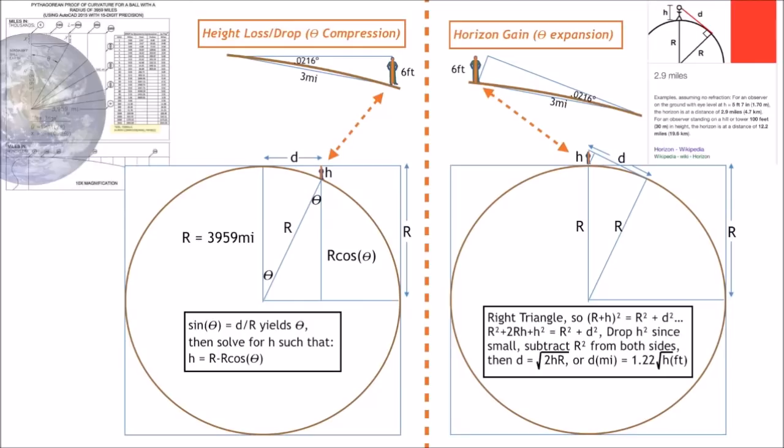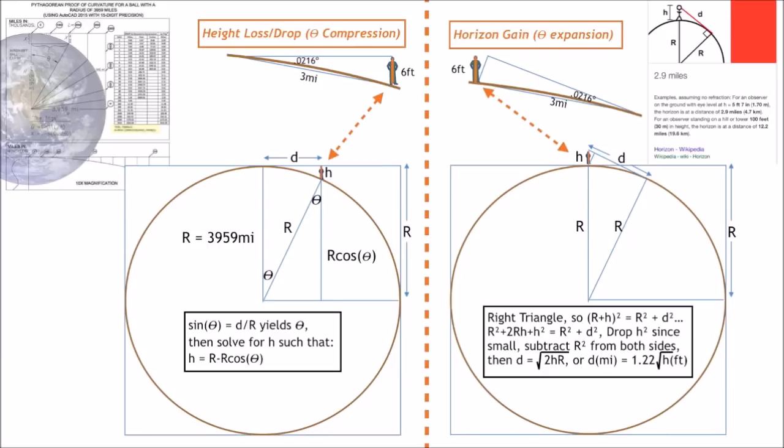So we can then extrapolate these 2 triangles to a greater circle again, and calculate out for a circle what we would have as a height loss or drop, which is again just the theta compression, or the horizon gain using trigonometry, which is again the theta expansion. So for the circle here, with this particular rate to create a circle, you need sine theta is equal to, where theta is that arc angle there between the distance over which you're observing something drop.